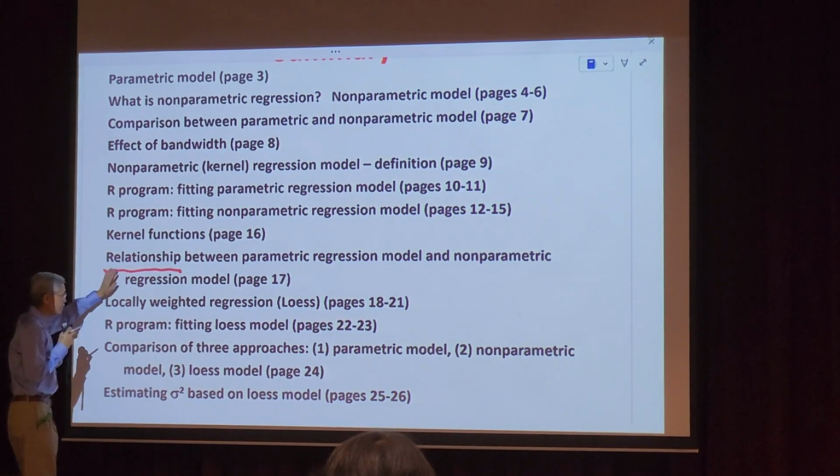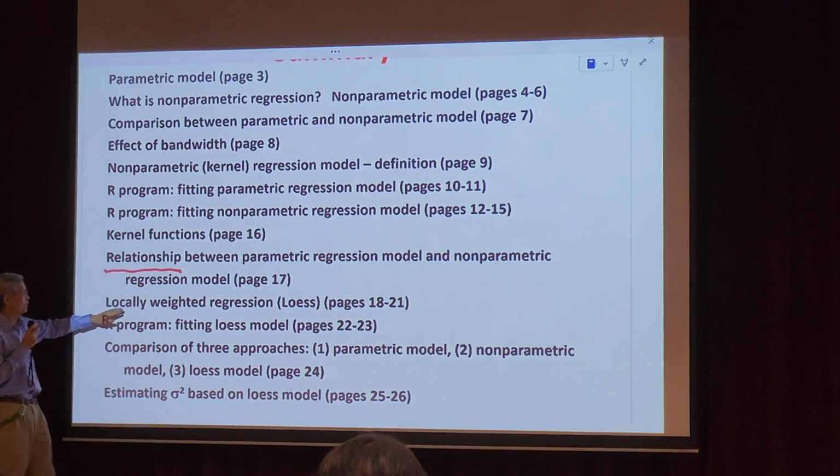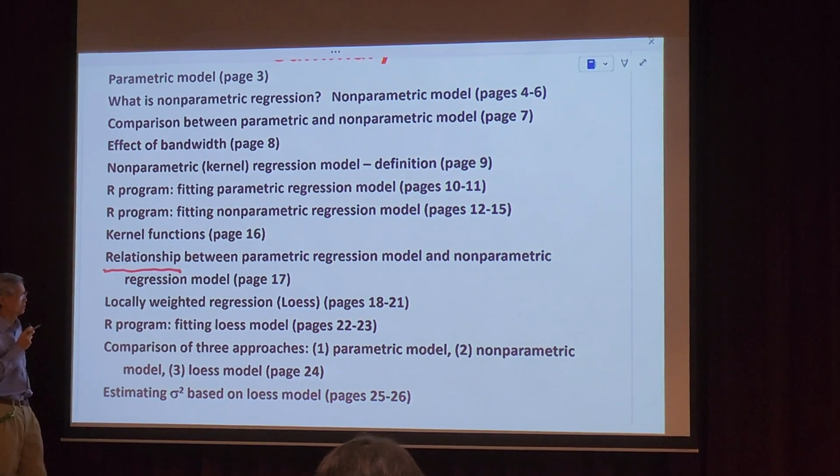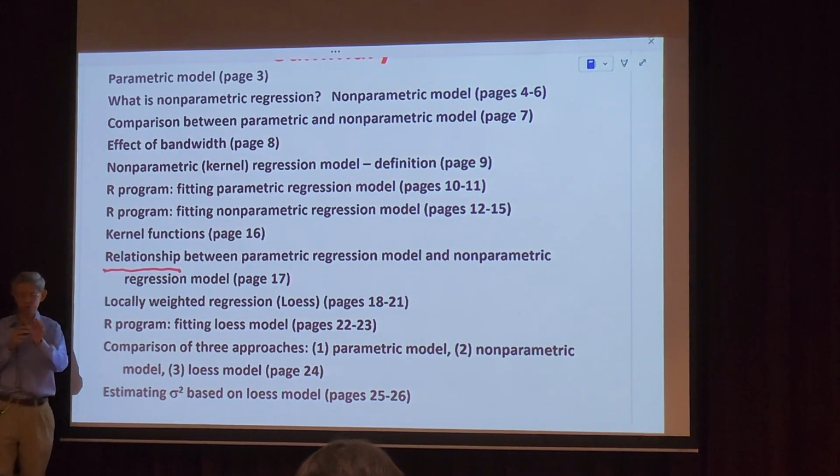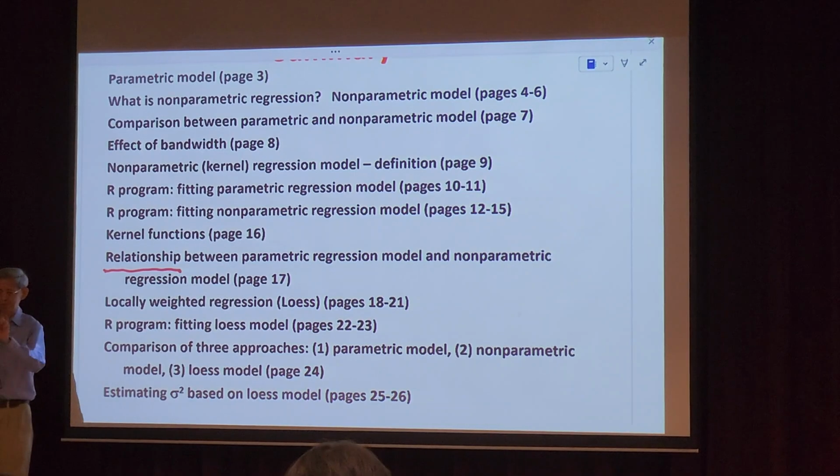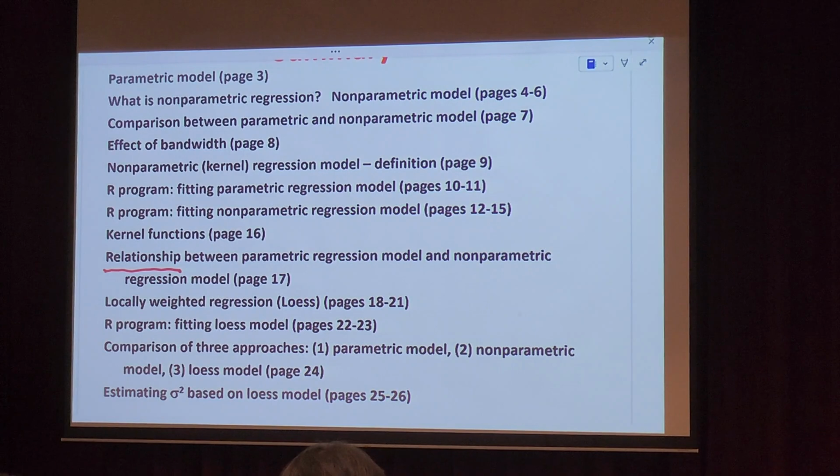Okay? And then we looked at the second way of doing non-parametric regression. To find the fitted value at a point x0, you determine 20% of the points there. Use those points to fit a weighted least squares regression.